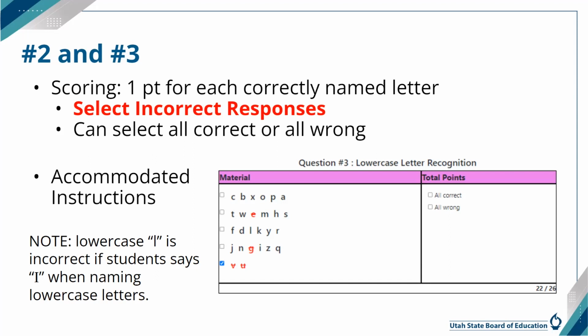And then within the data gateway system, you will just click on the letter and it will turn red with a little slash and will indicate that that letter was read incorrectly. If you select the checkbox at the beginning, it reads out the entire line. And then you can select all correct or all wrong for students who that applies to.